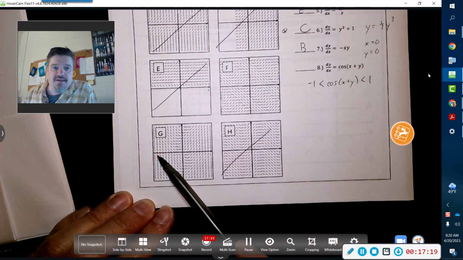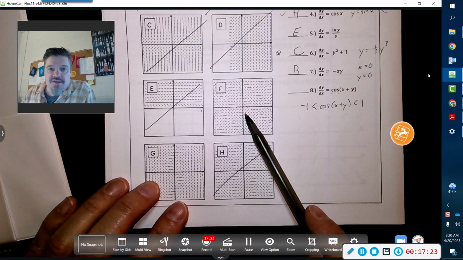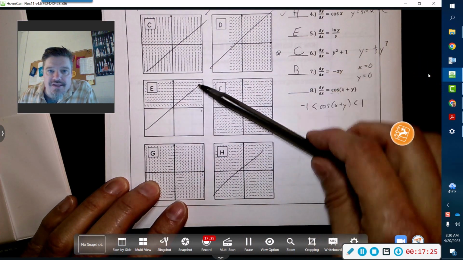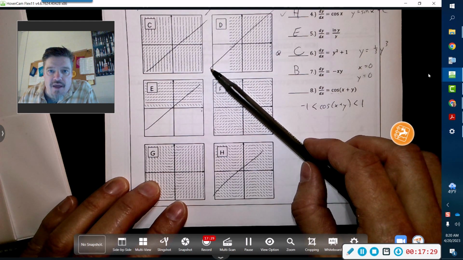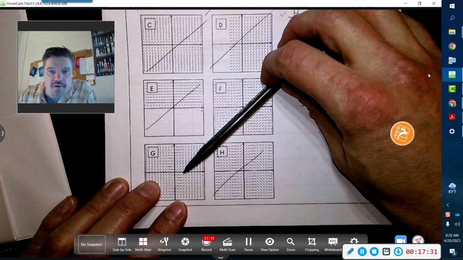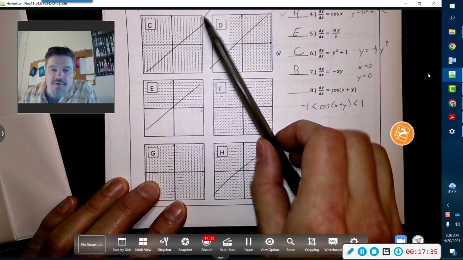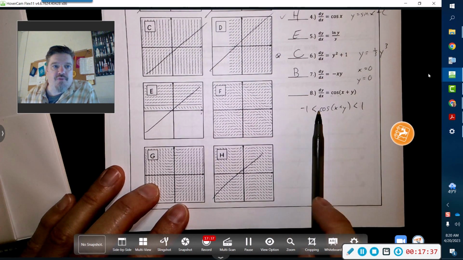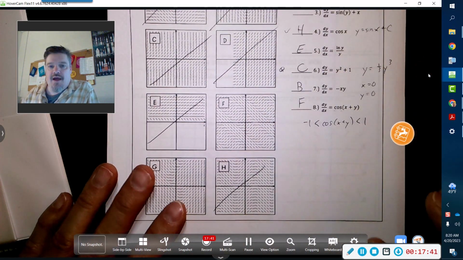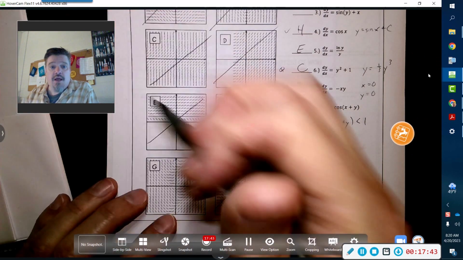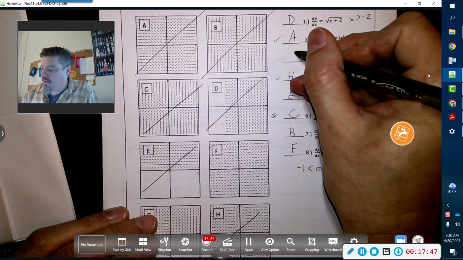These guys don't do it. This one right here, let's just test that and make sure. You guys see the diagonals there? That's as steep as any of these go. They don't go any steeper. You don't see any of that. They all fall between these parameters here. So it has to be F by that property, and then this guy has to be this guy because he's the only one left.